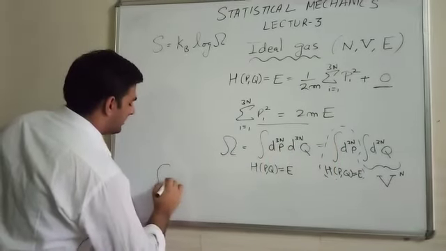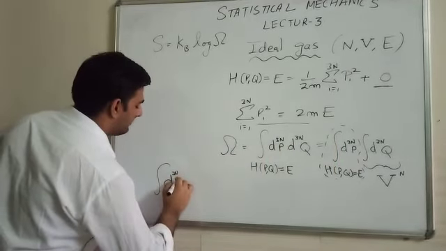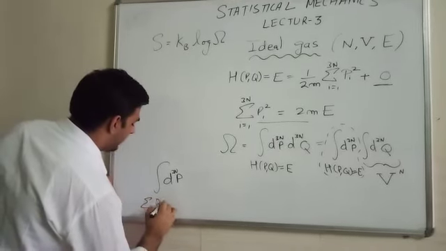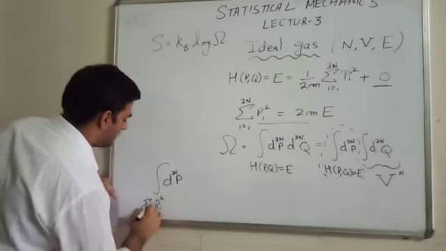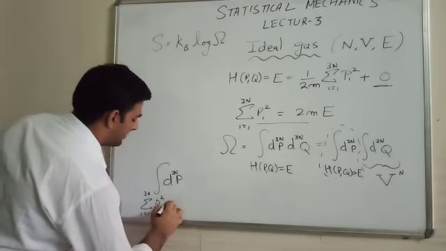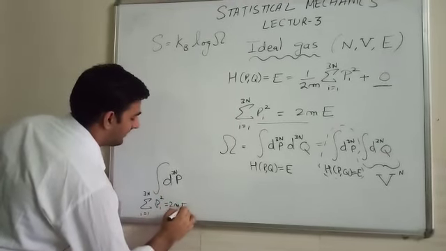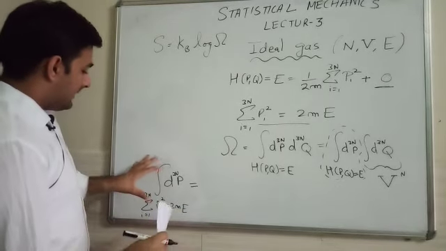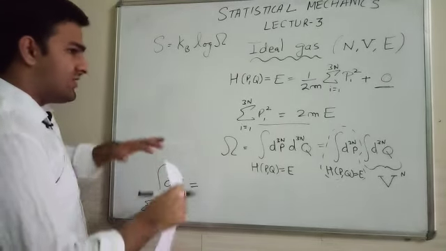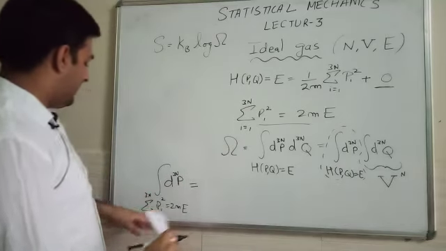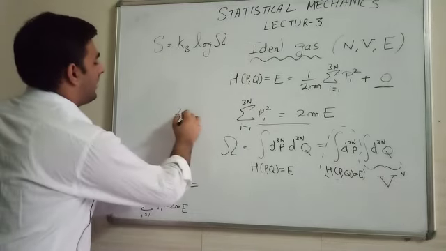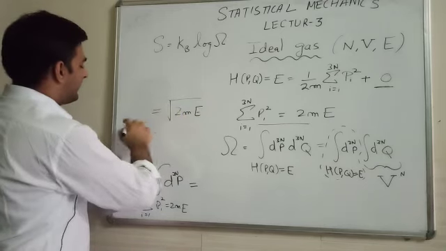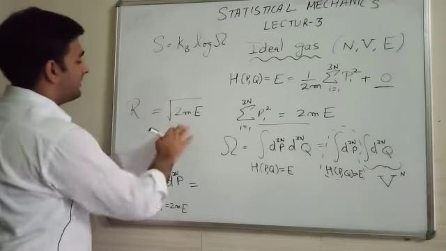So this is the integral of d3N p with the sum of p_i squared, i from 1 to 3N, equal to 2mE. Now let's see, this is the surface area of a sphere with radius square root of 2mE. So the radius of the sphere is r equals the square root of 2mE.